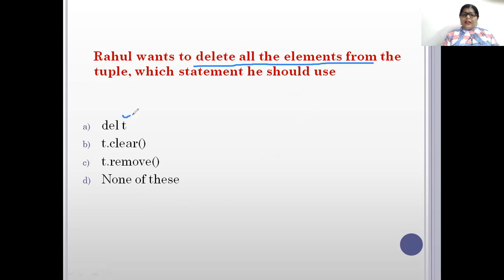They are just choosing the object T. When he wants to delete it, what would be clear? Clear just clears the things, it removes all the things. It doesn't mean it deletes all the elements, it completely removes the tuple.